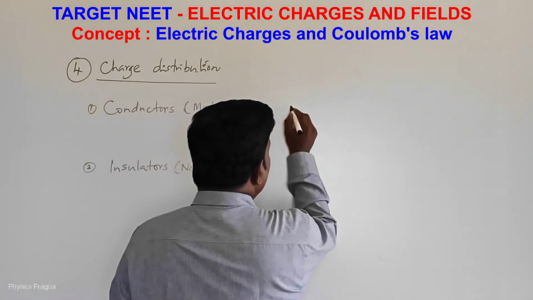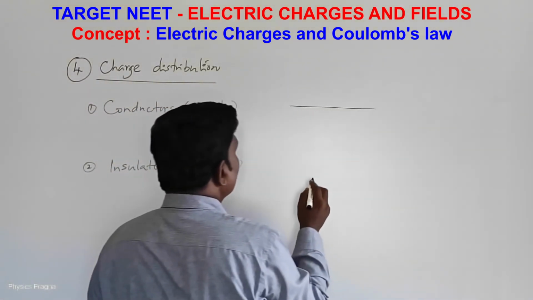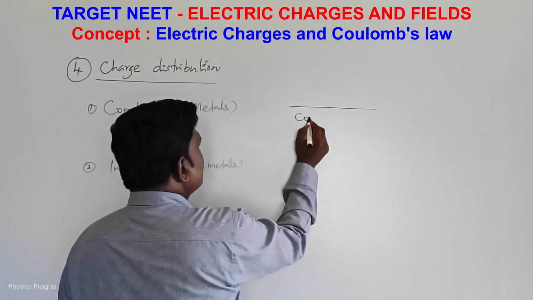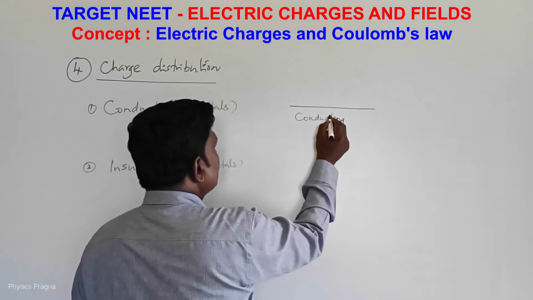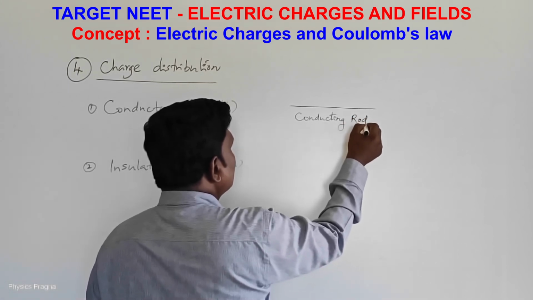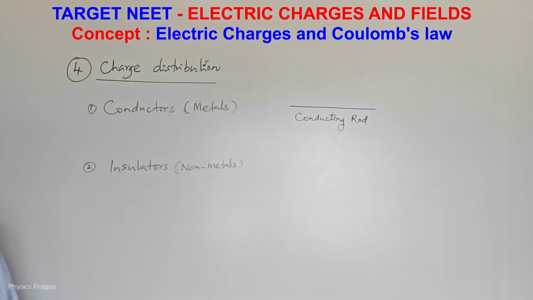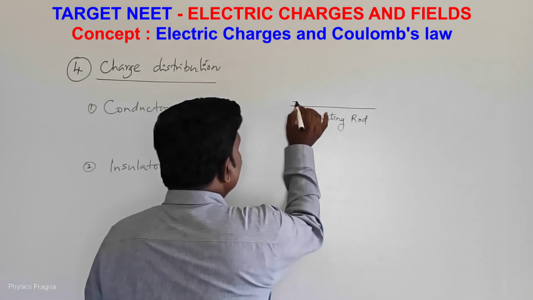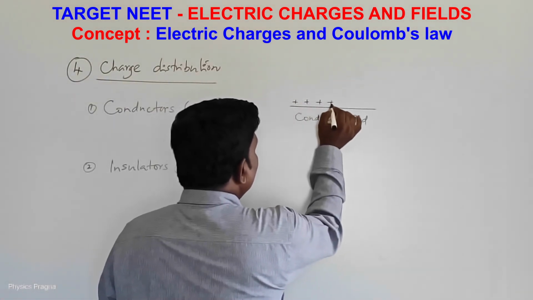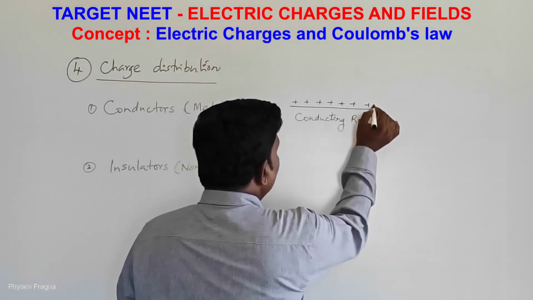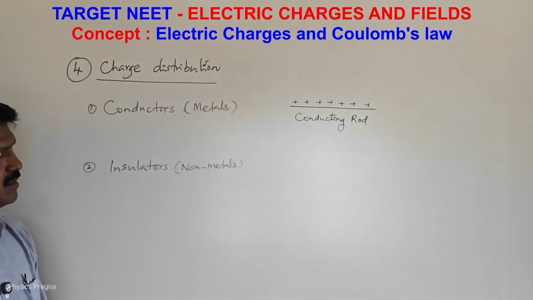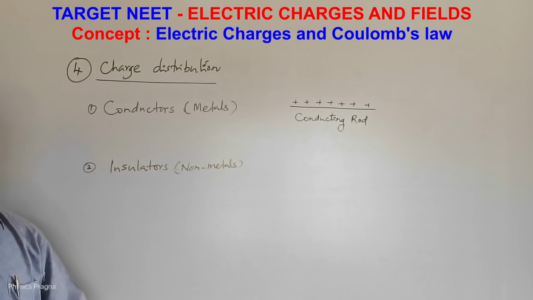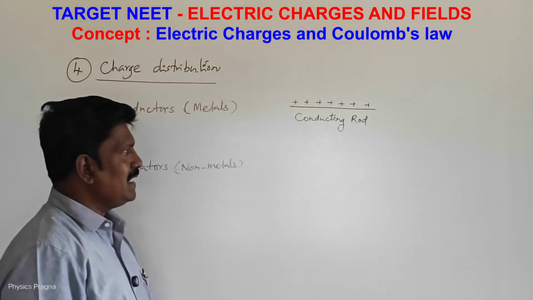I have taken a conducting rod, and I have supplied a charge. All the charge resides on the surface of the conducting rod. So the total charge I want to calculate, then what do I have to calculate?